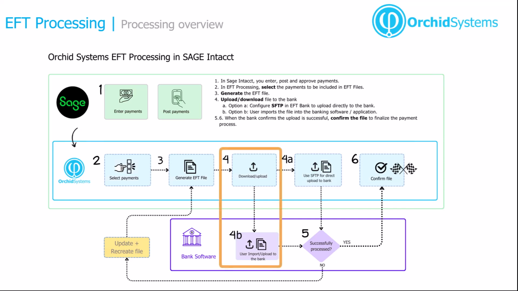Previously, you could just download that file and then manually upload it to the bank. But now we are able to upload the file directly to the SFTP for the bank if the EFT bank has been configured accordingly.